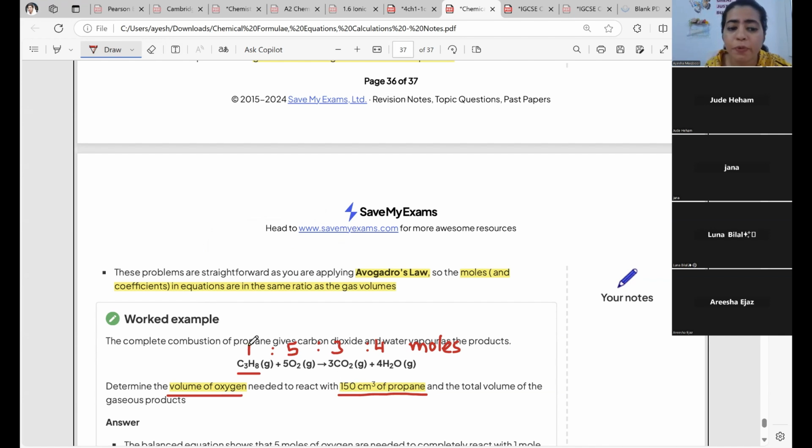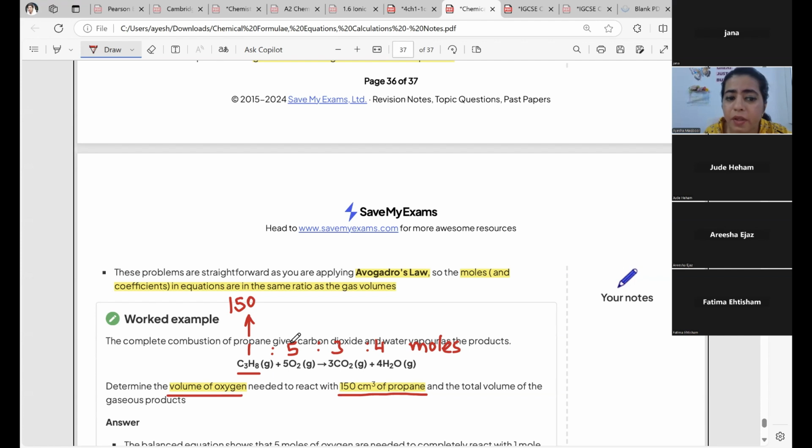What should be the volume of oxygen according to the molar ratio? 150 multiplied by 5. How much is the answer? 750 cm cubed for the oxygen.